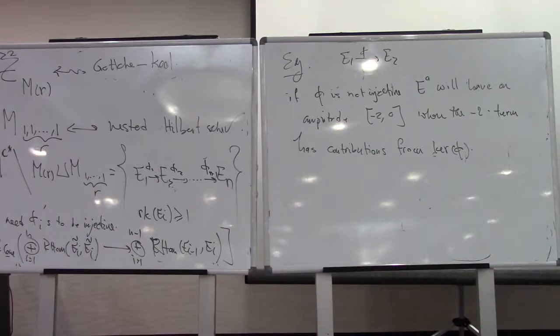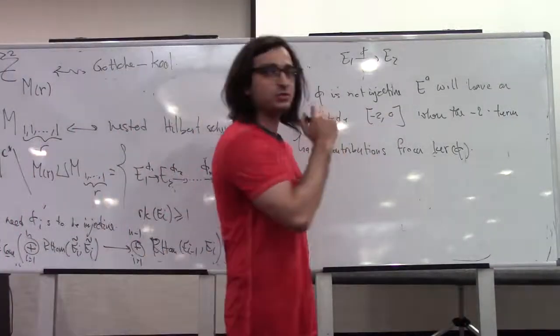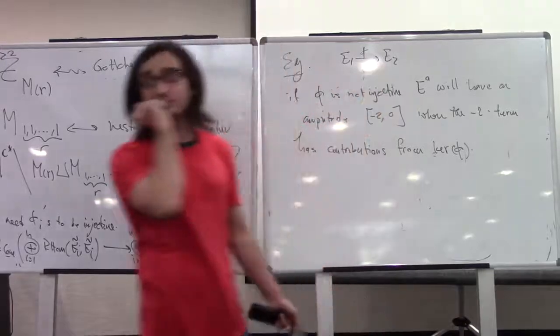So this is what prevents you from actually constructing a well-defined notion of deformation obstruction theory, even for twofold flags.